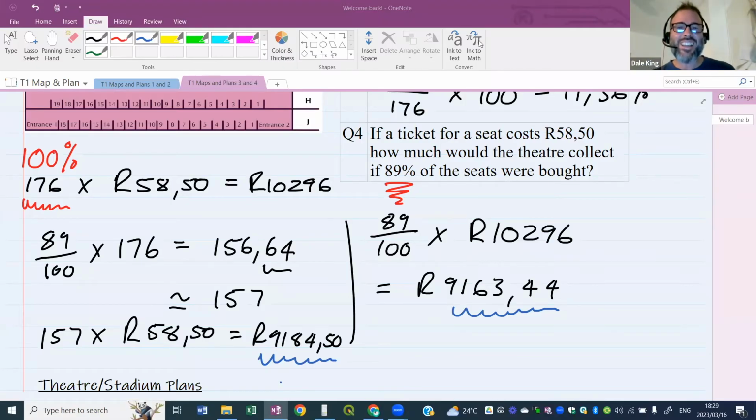I think she did the 89% of the Rand value, and Amo has got what looks like 89% of the seats. Somebody raise your hand. Tell me, why are we getting different answers here for these two calculations? They're very similar, almost the same, but there's a slight difference.